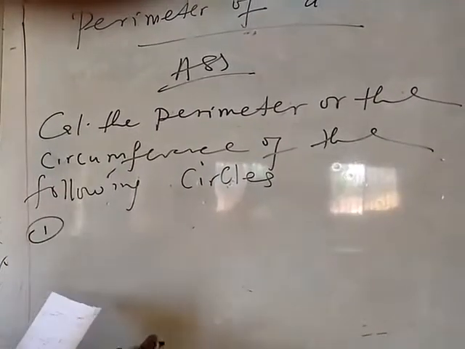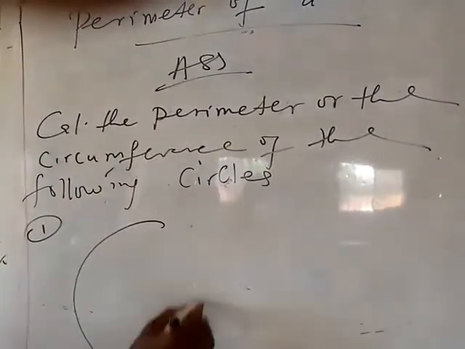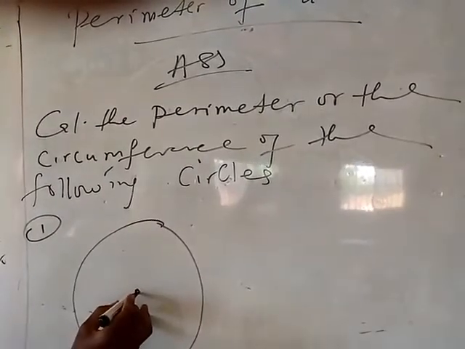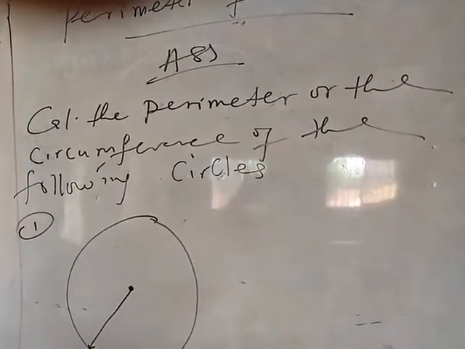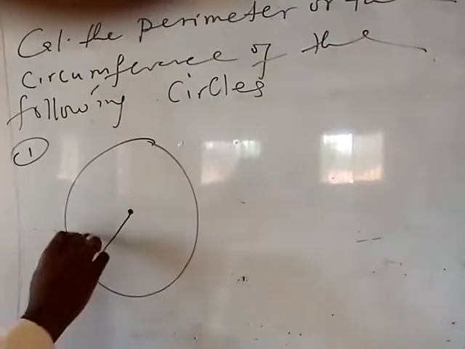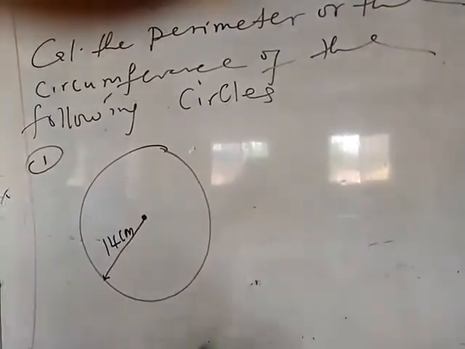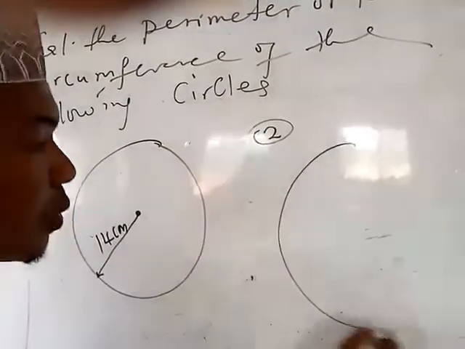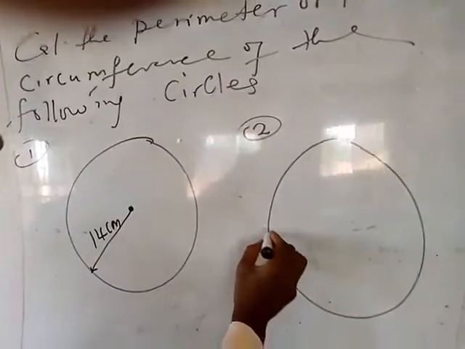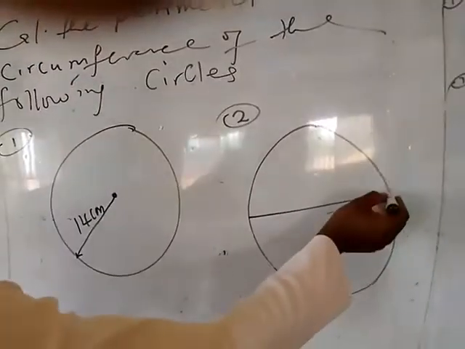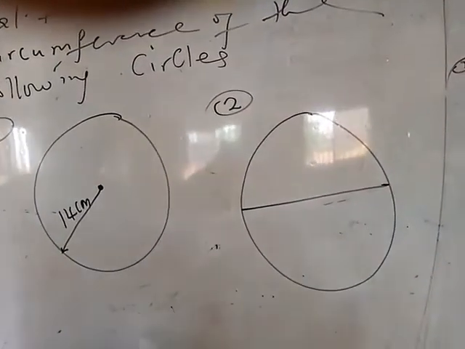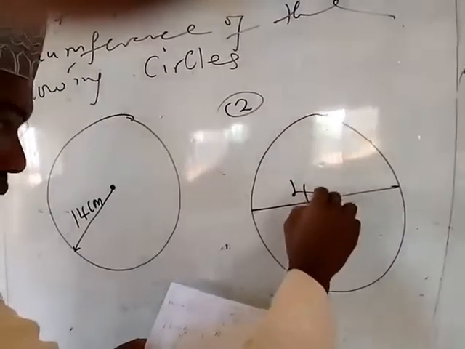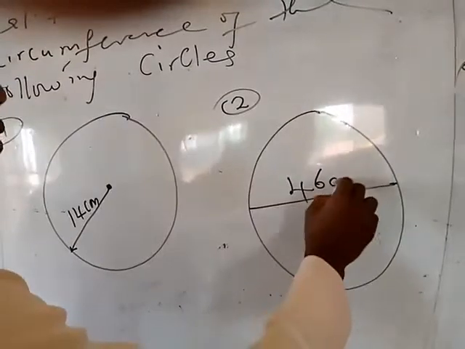1. If here is the center and here is a radius, the radius is given as 14 centimeter. Then 2, we have this long line that indicates the diameter and is given as 46 centimeter.